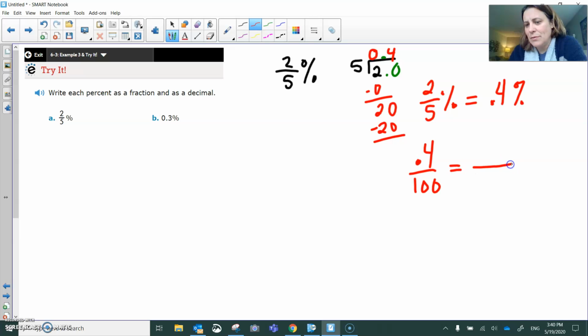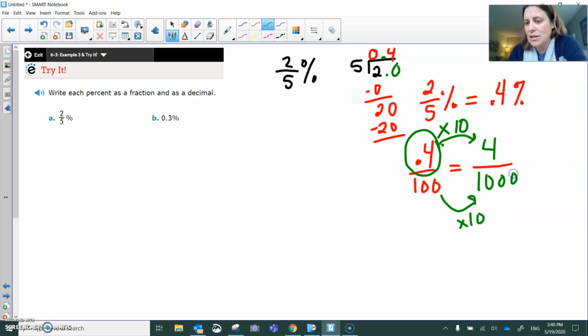We don't really want this number to be a decimal, so what would I have to multiply that by to get it to be just a 4? The answer is I would have to multiply it by 10. So we're going to multiply this by 10. 100 times 10 is 1,000.